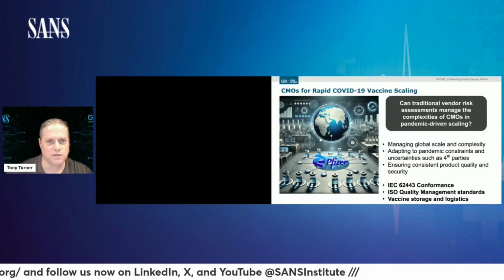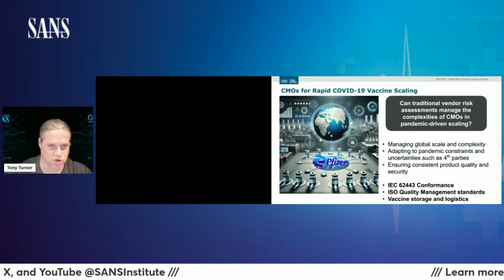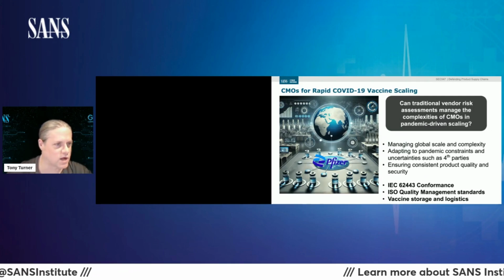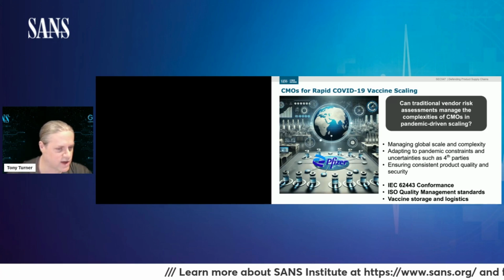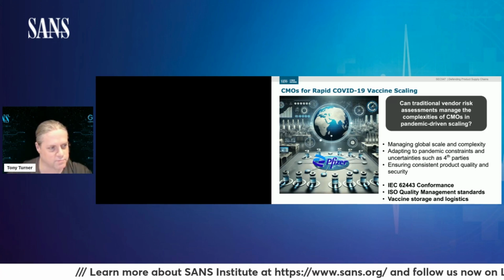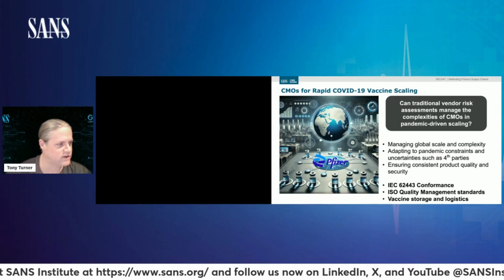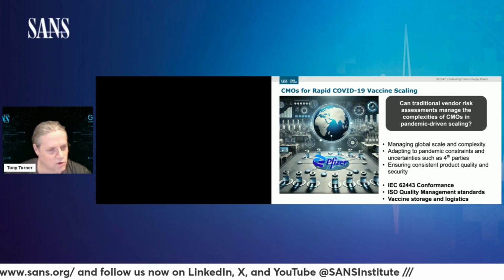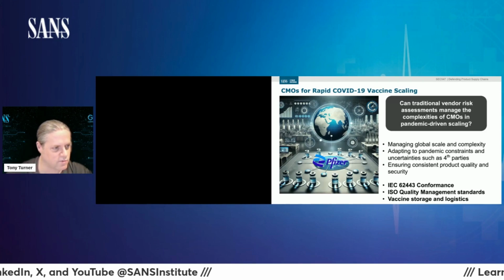Okay. So what I want to drive in on is an example that we saw play out during the pandemic, this whole concept of contract manufacturing organizations. One of the challenges that Pfizer had when they were trying to bring their vaccine to market was the scale of having to get billions of vaccines out across the globe very, very quickly. It far exceeded their capabilities from a manufacturing standpoint.